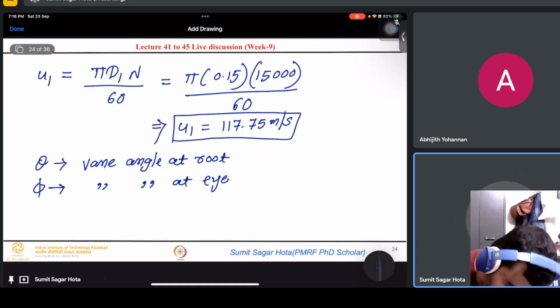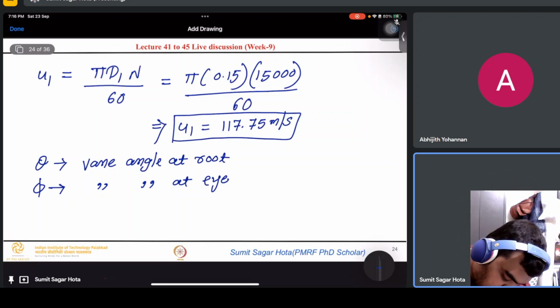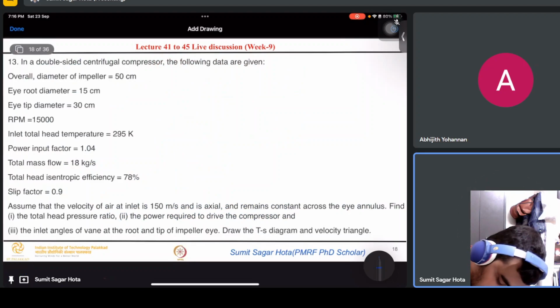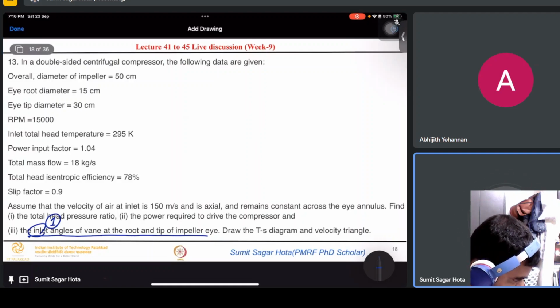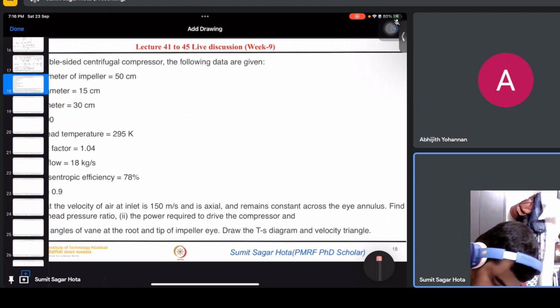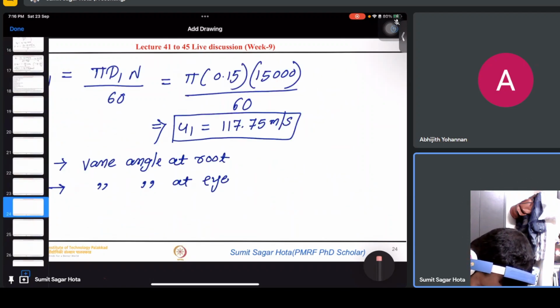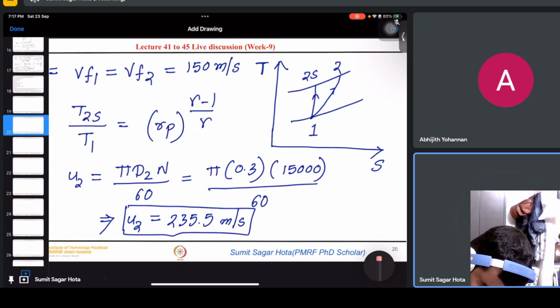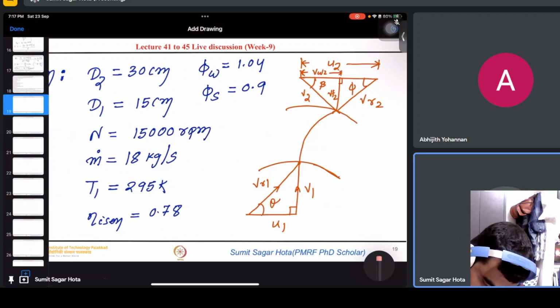So we need to find out theta and phi, because in the question it's asked what is the inlet angle of vane at the root and tip of the impeller. Inlet means your 1. Root is your theta and tip is your phi. So theta and phi we need to find out. It's already shown in the figure also. You can see theta and phi.